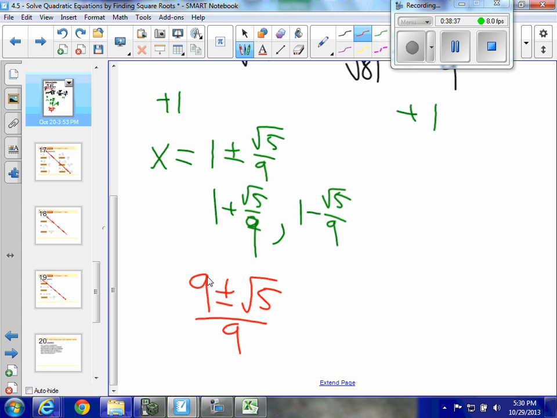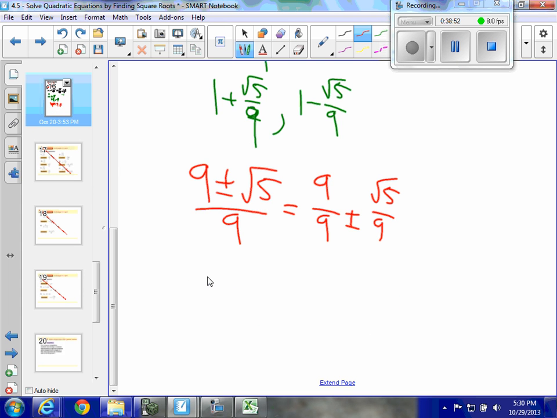But it's the exact same thing, because this is equal to 9 over 9 plus or minus the square root of 5 over 9, right? I just had a common denominator here. So it's the same thing as 1 plus or minus the square root of 5 over 9.